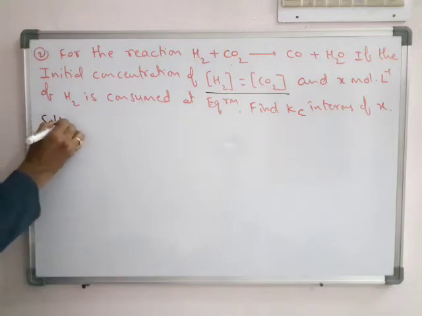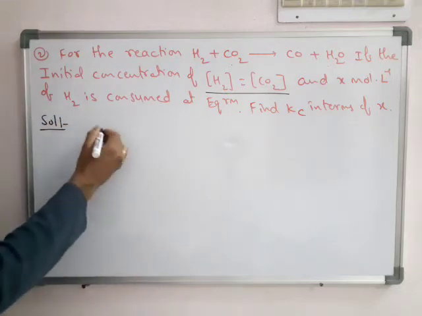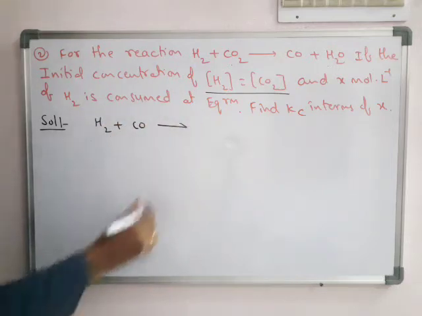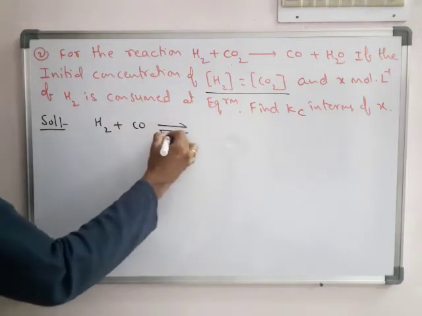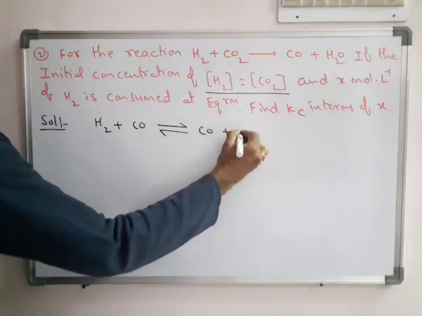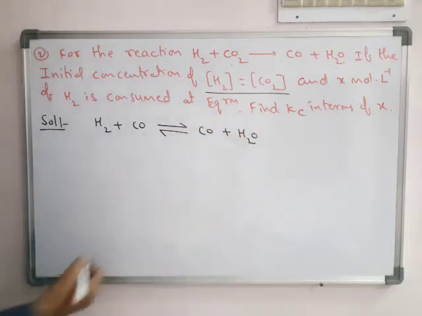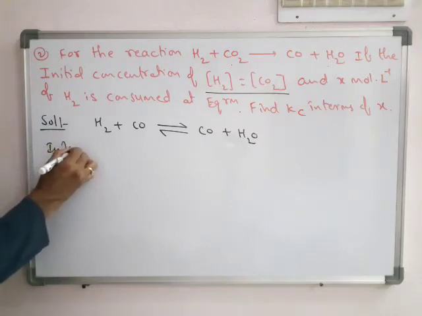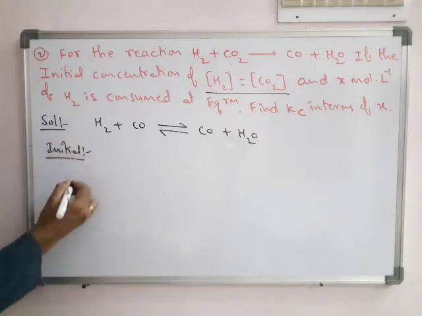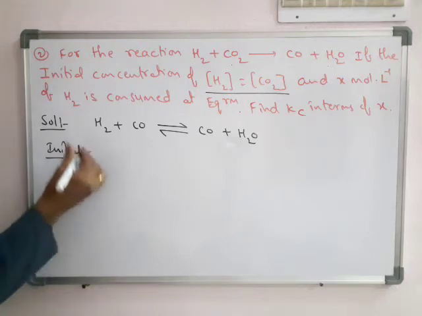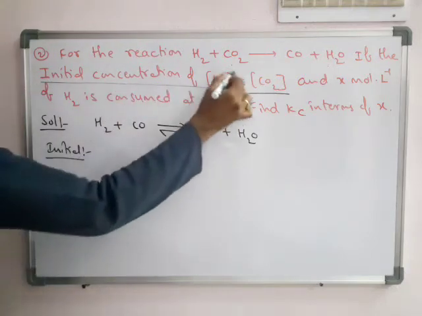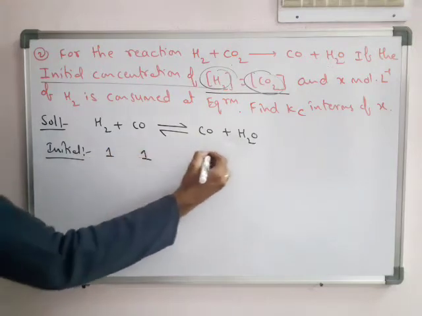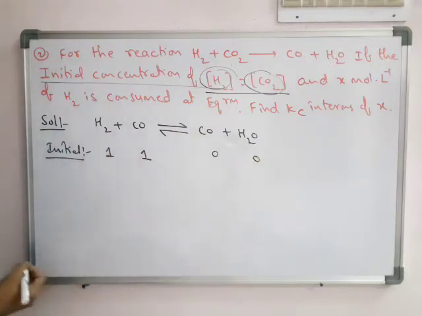So write the reaction. The normal method: H2 plus CO2, all in the gaseous physical state. So what are the initial concentrations? The initial concentration is not particularly given, but these two are in equal concentration. Just take it as 1 and 1; you can take 100 also.